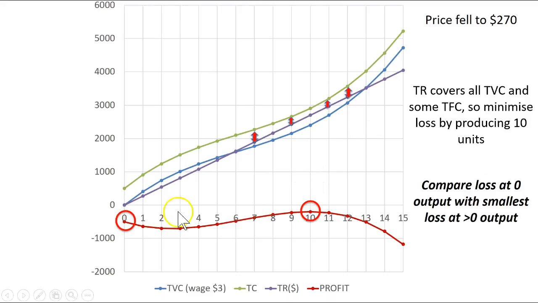But if they stay open for business and produce, say, 10 units of output, the firm will pay for some of the fixed costs, and the entrepreneur will have to pay the rest out of their own pocket. So it's better to stay open in that case and let the business pay for some of the fixed costs rather than producing nothing and the entrepreneur having to pay all of the fixed costs out of their own pocket.